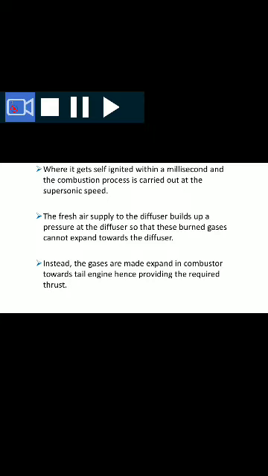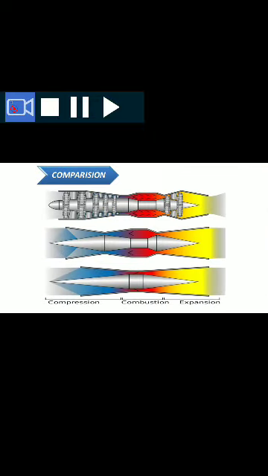Instead, the gases are made to expand in the combustor towards the tail of the engine, hence providing the required thrust level. So this is the compression sample diagram. Supersonic compression takes place in the inlet part, combustion takes place in the combustor part, and the expansion takes place in the exhaust nozzle section.